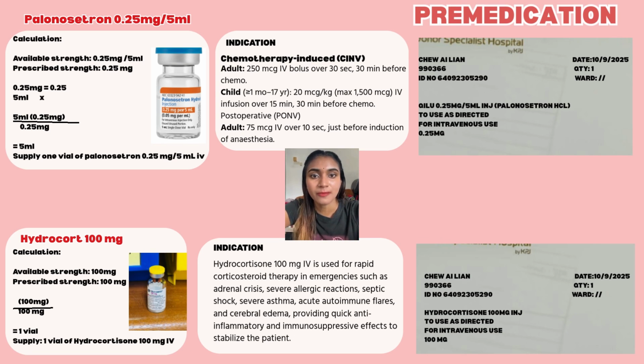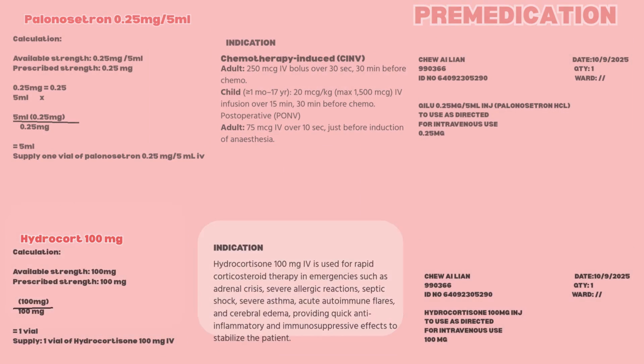So in summary, the two pre-medications, palonosetron and hydrocortisone, are given before gemcitabine infusion to make the chemotherapy safer and more tolerable for the patient.